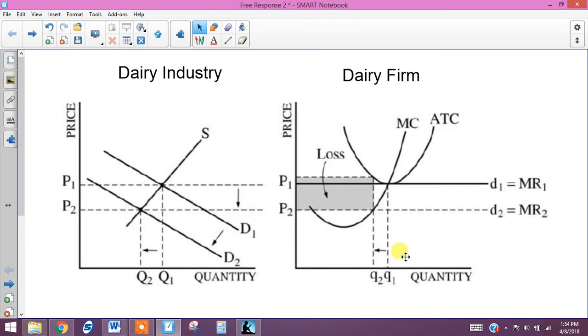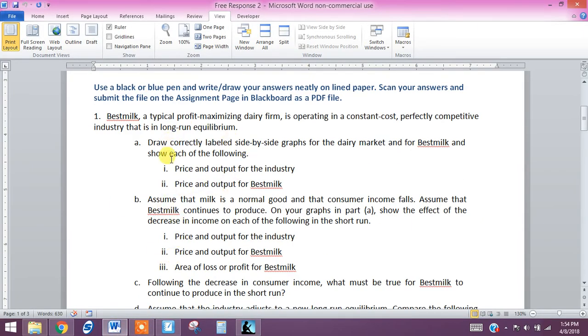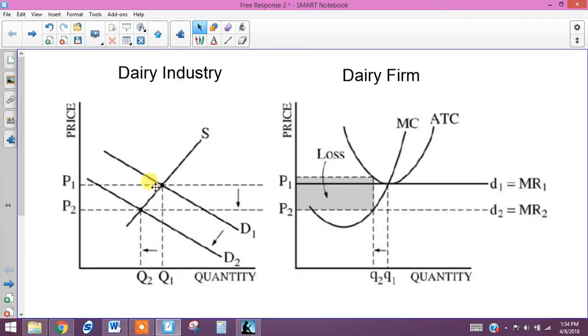The first part that you draw does not have the second demand curve here and here. That's going to be, I believe, in part B. But let's just think about part A. We want to show the price and output for the industry, and the price and output for the firm. P1 is the price, and Q1 is the output for the industry.